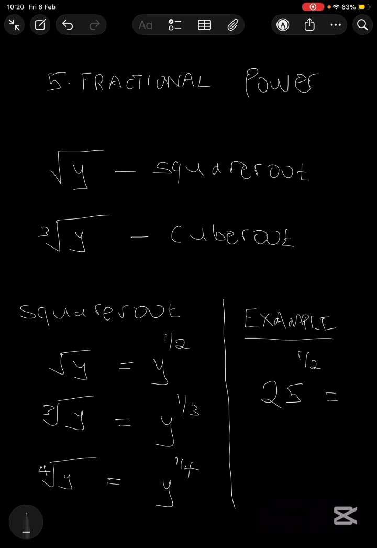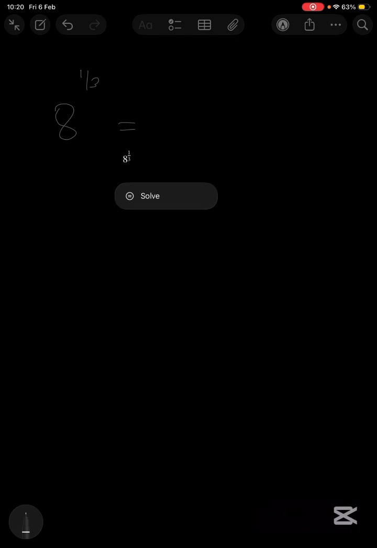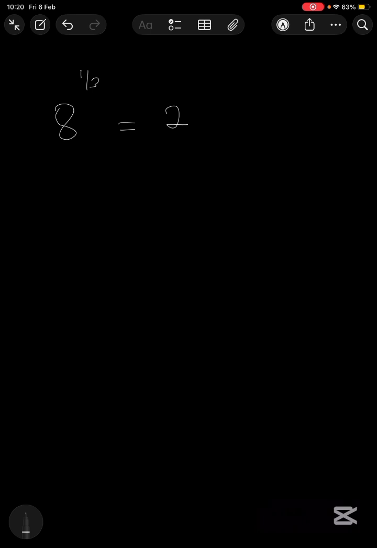It is 5. Another one, we have 8 power 1 over 3. Power 1 over 3 is the same as the cube root of 8, which is 2. So this one is equivalent to 2.